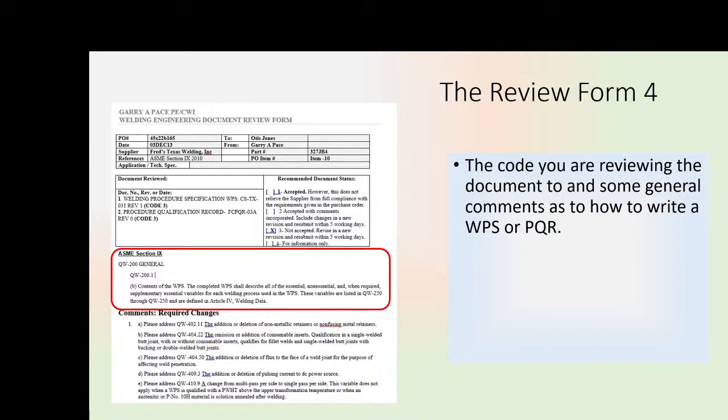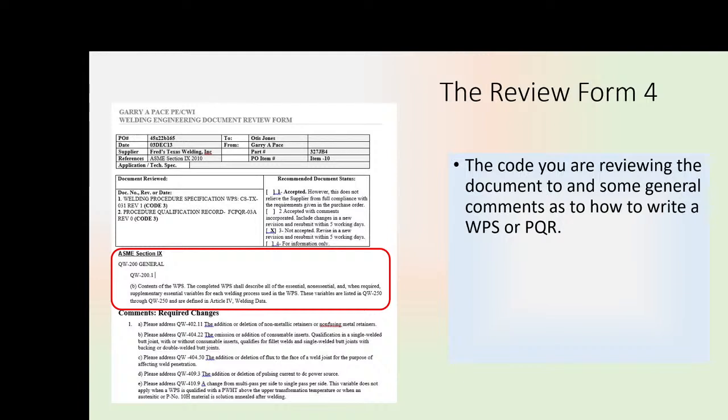All right. Back to it. Here's where I generally put general comments, especially if it's somebody that I don't think knows very much about the code. So like in this one, it tells what the contents of the WPS are.